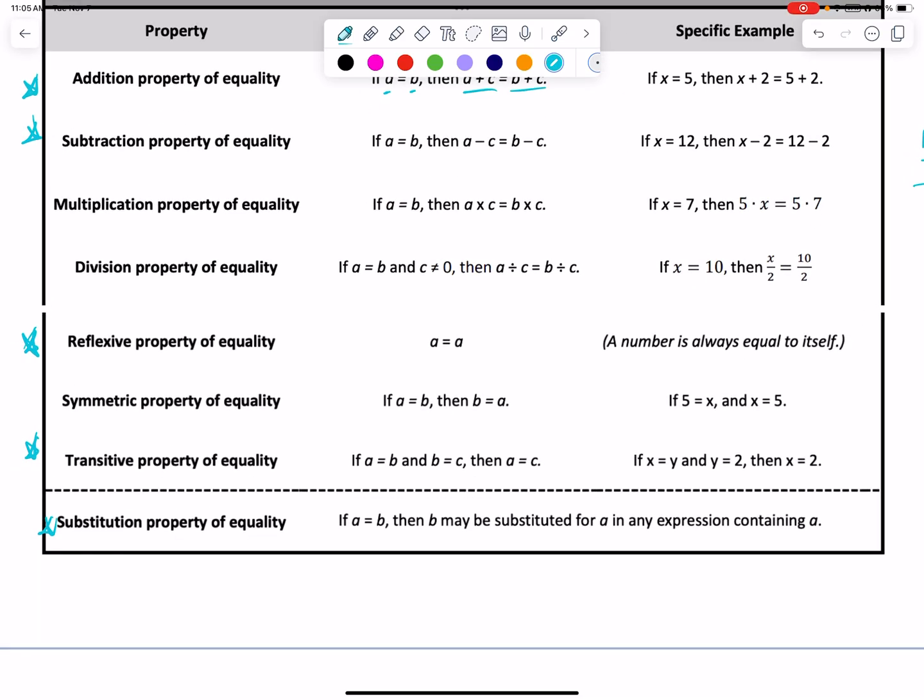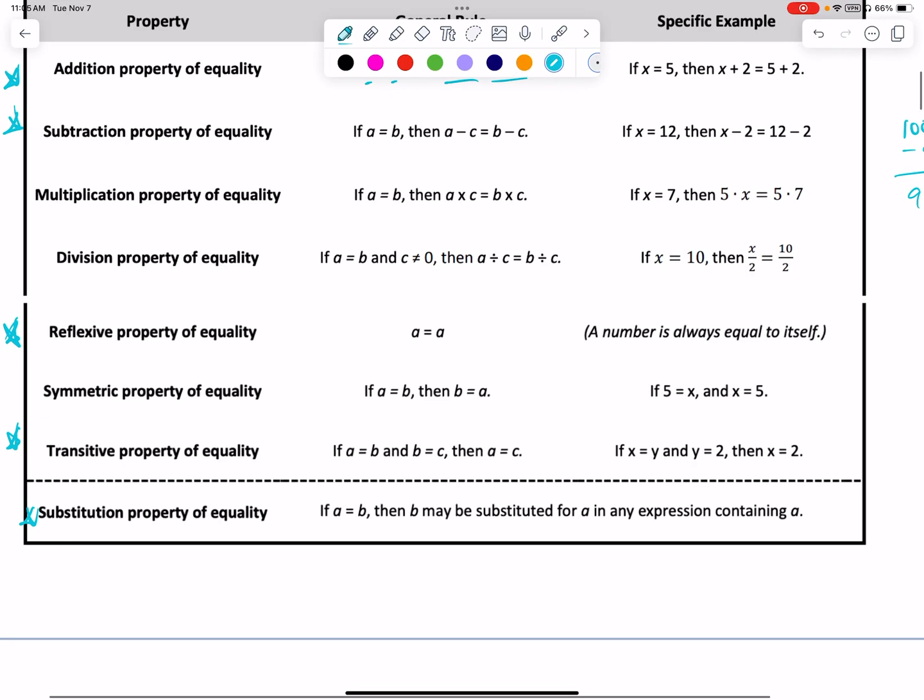But back to transitive. If A equals B and B equals C, then A is equal to C. So let's say if x is equal to y and y is 2, then x is also equal to 2.